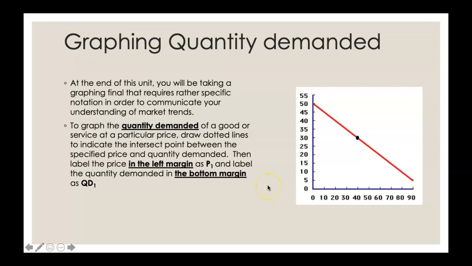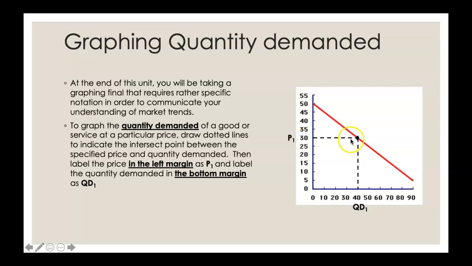So for example, let's say $30 is the price and the quantity demanded for $30 is 40. Remember, P is on the vertical, Q is on the horizontal. So you would draw a horizontal dotted line from the amount of money, which was $30, and a vertical dotted line for the quantity demanded, which was 40, and they intersect here, so that's where your point would be.